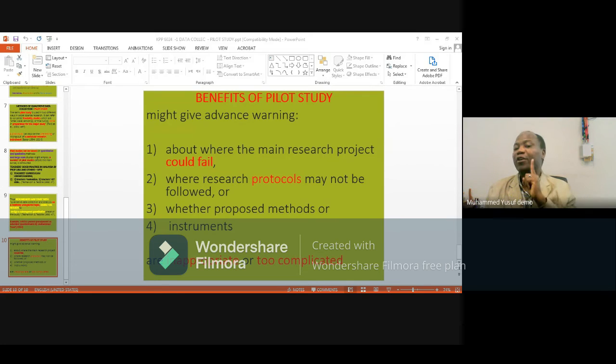Sometimes you have to be careful even in using some professional terminology, for example, self-efficacy. Some people do not know what self-efficacy is, but psychologists know. Instead of self-efficacy, you can use self-confidence, to believe in myself. Use terminology that people will understand.